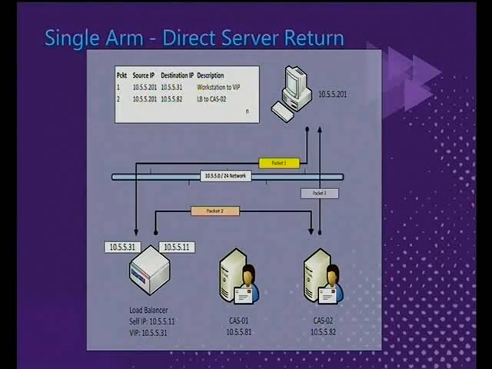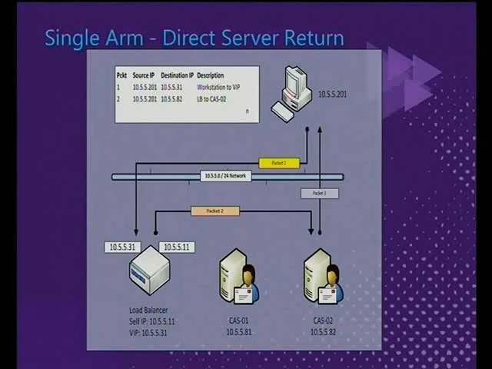The CAS server has to have a loopback address added to the network interface, and it has to have the 10.5.5.31 VIP address associated on that loopback address, which we'll show you later. Therefore, when the reply returns, it looks like it's coming from 5.31, the client accepts the packet, and we're off and running. The main difference here, right, is the traffic is not flowing back through the load balancer.